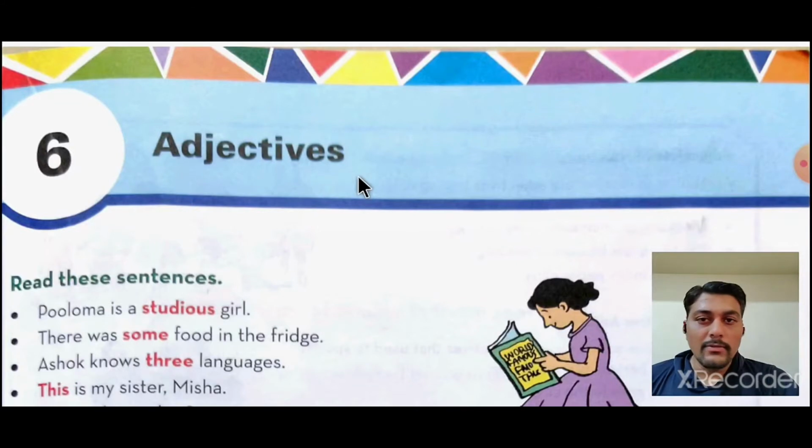I think you all have learned in the first chapter the parts of speech, in which there are 8 parts of speech. Can you remember all these 8 parts of speech? Those are noun, pronoun, verb, adverb, adjective, preposition, conjunction and interjection. These are called parts of speech, and all of them combined make a sentence in English.